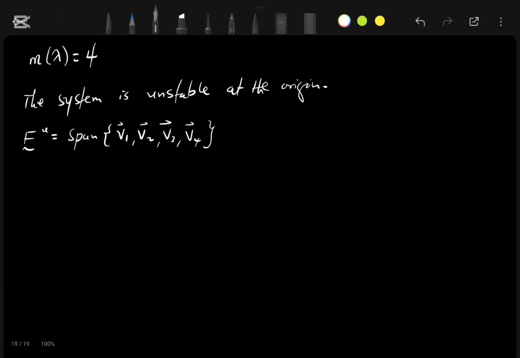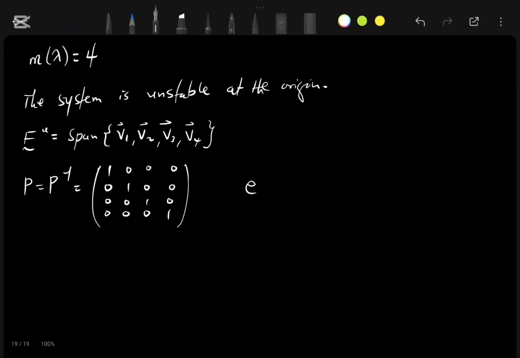Since the system consists of repeated eigenvalues, there is no need to find our P and P inverse, because our P will be equal to our P inverse, which is equal to the standard basis, which is 1, 0, 0, 0, 0, 1, 0, 0, 0, 0, 1, 0, 0, 0, 0, 1. So there's no need to find our P and P inverse.